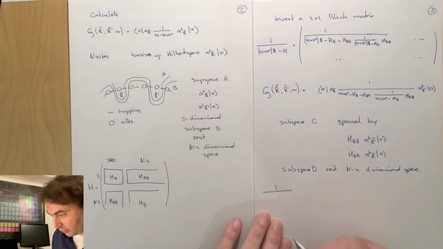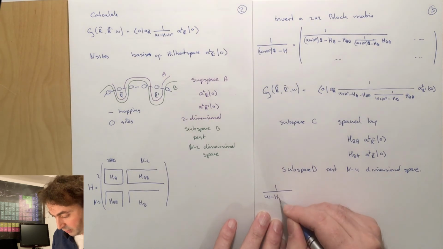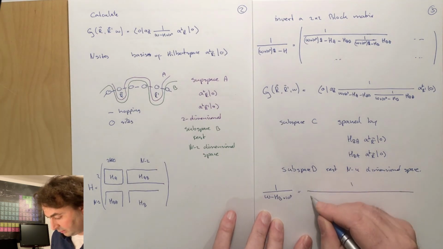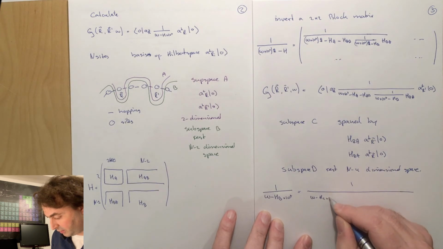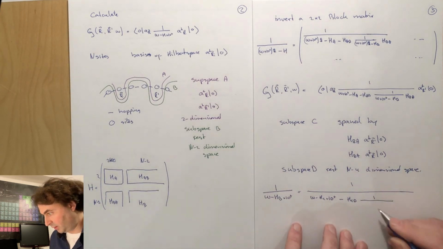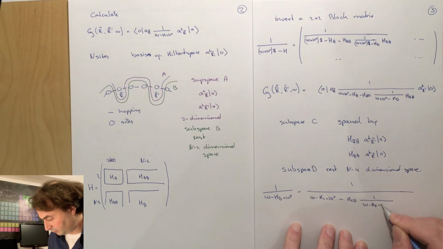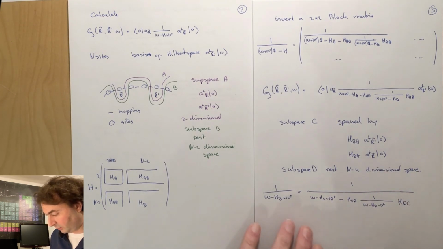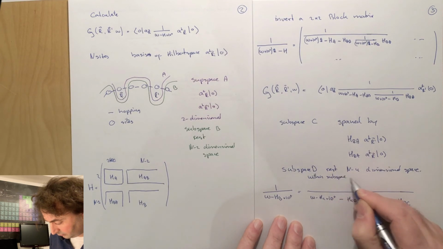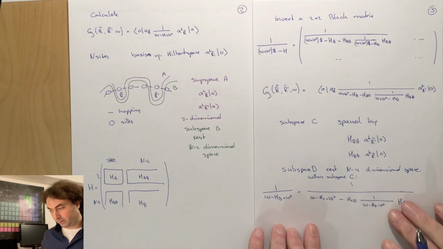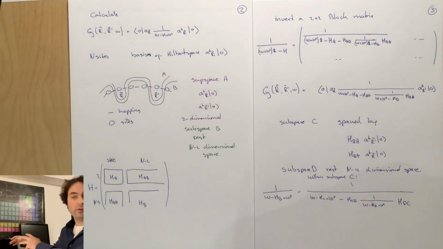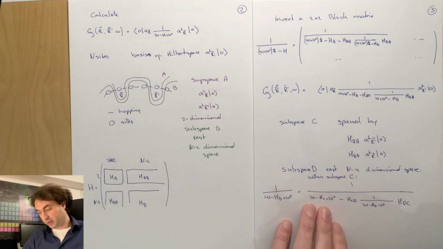And with this, we can, just as we did before, rewrite our Green's operator for Hilbert space B as a Green's operator on the dimension of C, and how you couple from C to D, within subspace C. So with this, if you now put this in there, you see that you can build up your Green's function in terms of a continued fraction.